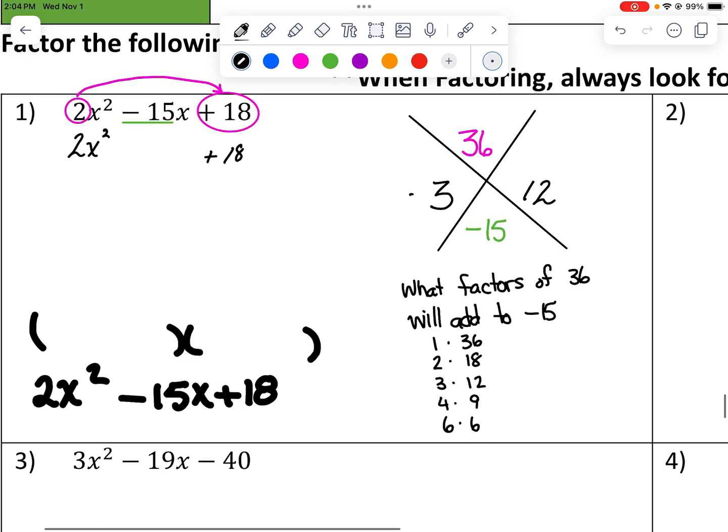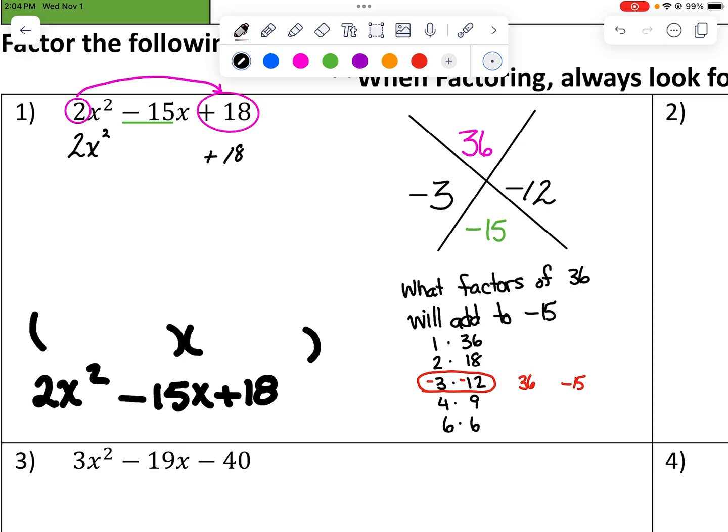So if we have a negative 3 and a negative 12, we are going to get negative 15. In other words, if I take these two numbers and multiply them together, they multiply to 36. And if they're both negative, they add to negative 15. So those are the ones we want.